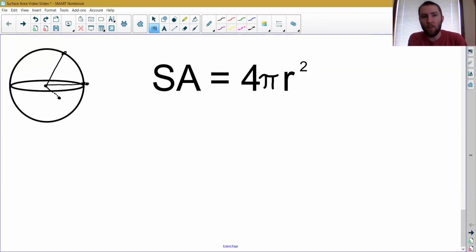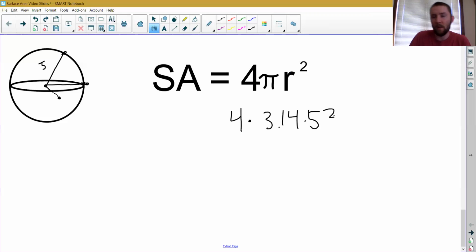But as long as we know the radius, let's say in this case it's 5, we can find the surface area by simply going 4 times 3.14 times 5 squared. And 5 squared is 25. So 4 times 3.14 times 5 squared gives us 314. And 314 then is the surface area of the sphere.